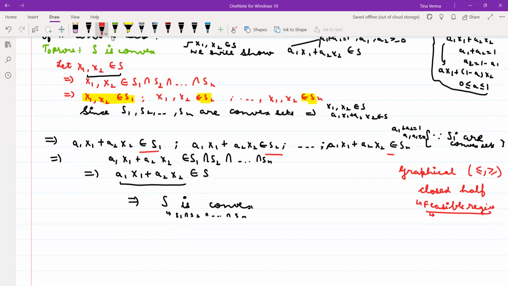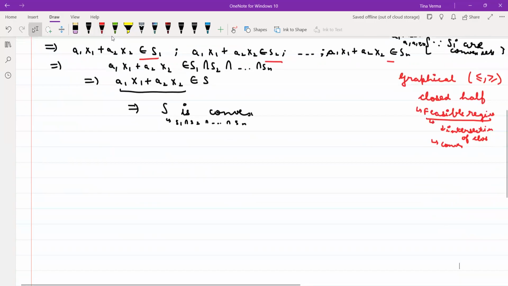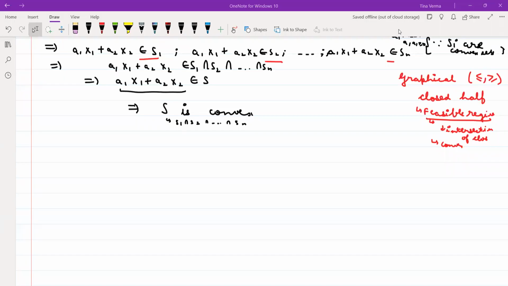That means जो आप feasible region लेके चलते थे, that you take as the intersection of closed half spaces. तो अगर आप ये closed half spaces की intersection लेके चलते थे, that means that will be your convex set. इसीलिए वो आपका convex set होता था, क्योंकि intersection of finite number of convex sets is a convex set, right? That's why we take it like this.